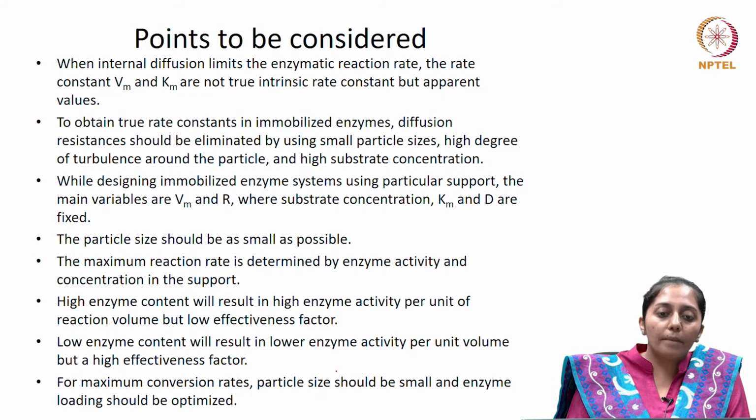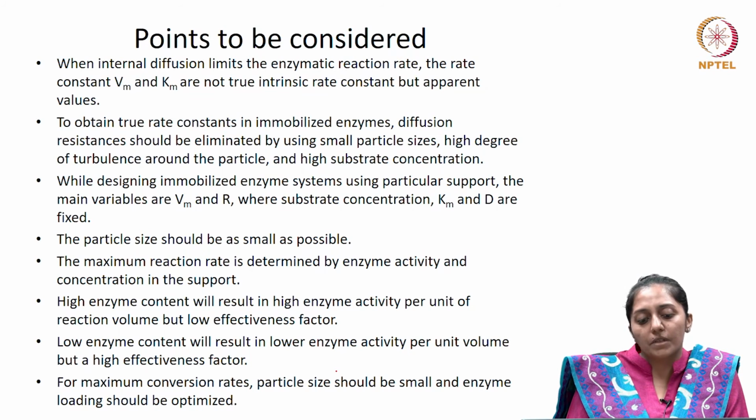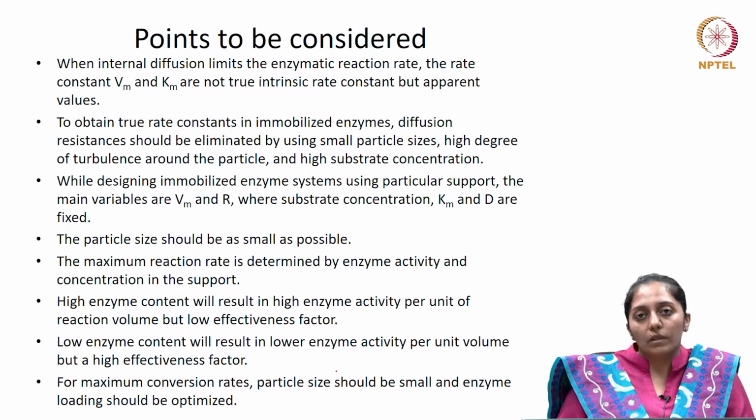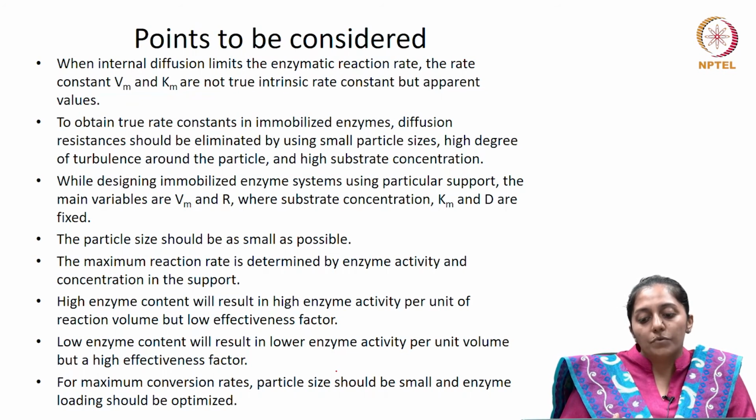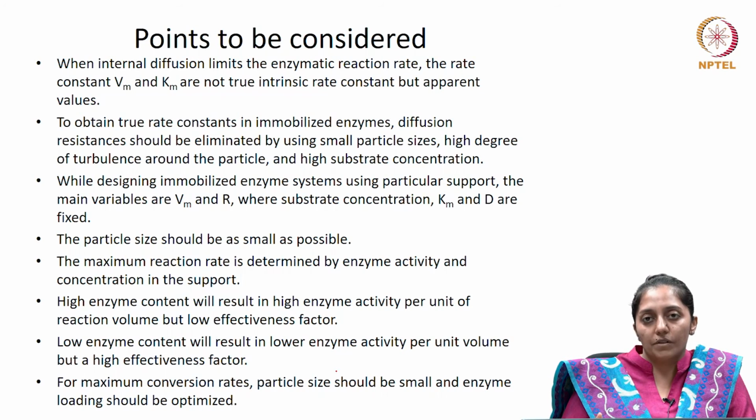Now, in order to obtain the true rate constants inside the immobilized systems, the diffusional limitations should be eliminated by doing what all things? By using small particle size, having high degree of turbulence around the particles so that the boundary layers are reduced, or having high substrate concentration.